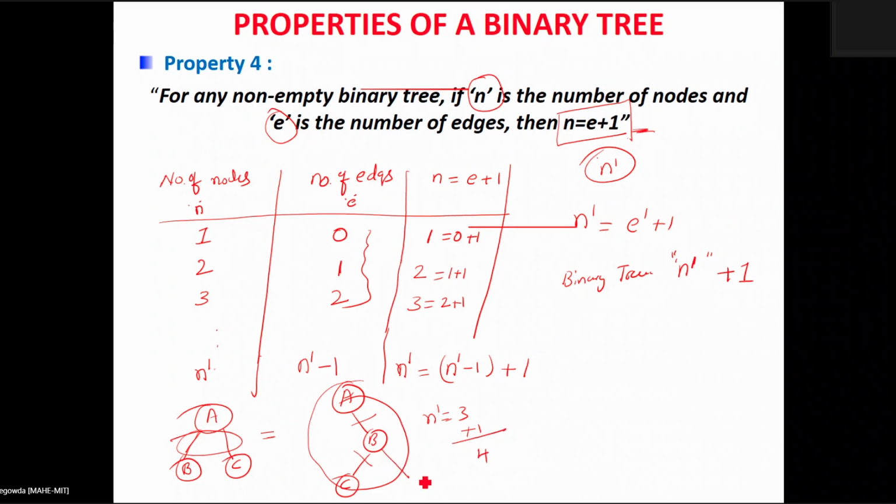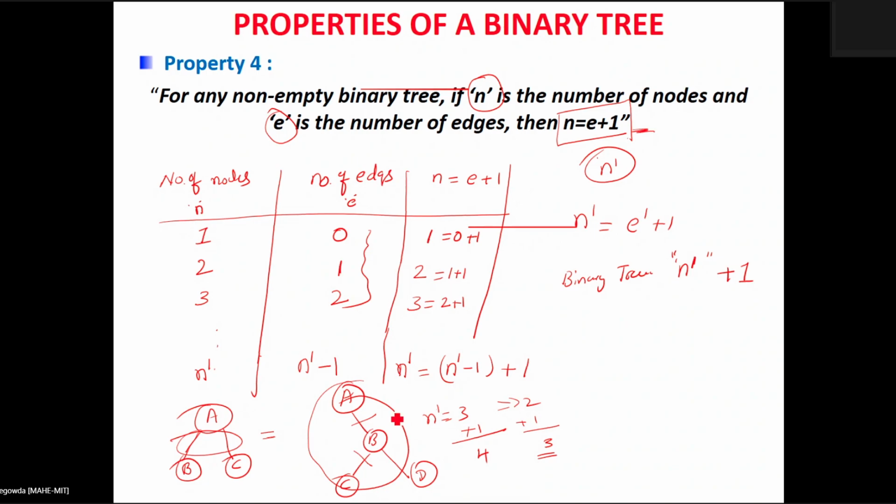Say for example, I add a node D to this existing tree. Before adding the new node, the number of edges was equal to 2 in this case. When I add one more node, my number of edges also increases by 1. Now it becomes 3.